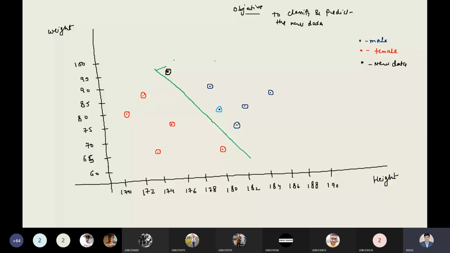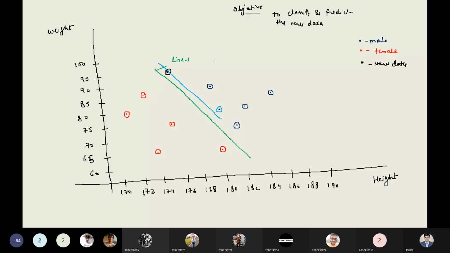Okay, this is line one. And now I'm taking a different color to show its parallel. Parallelly, data may be on the line, no issue.